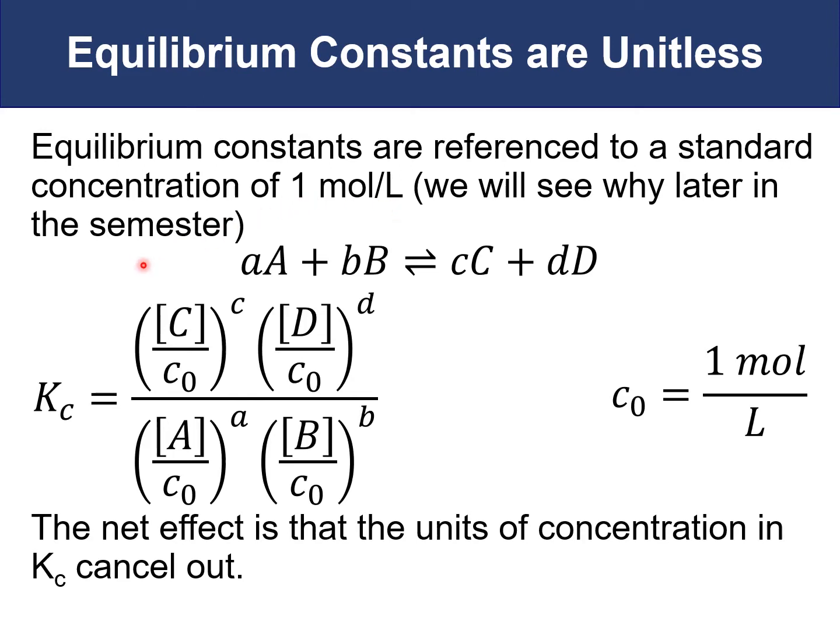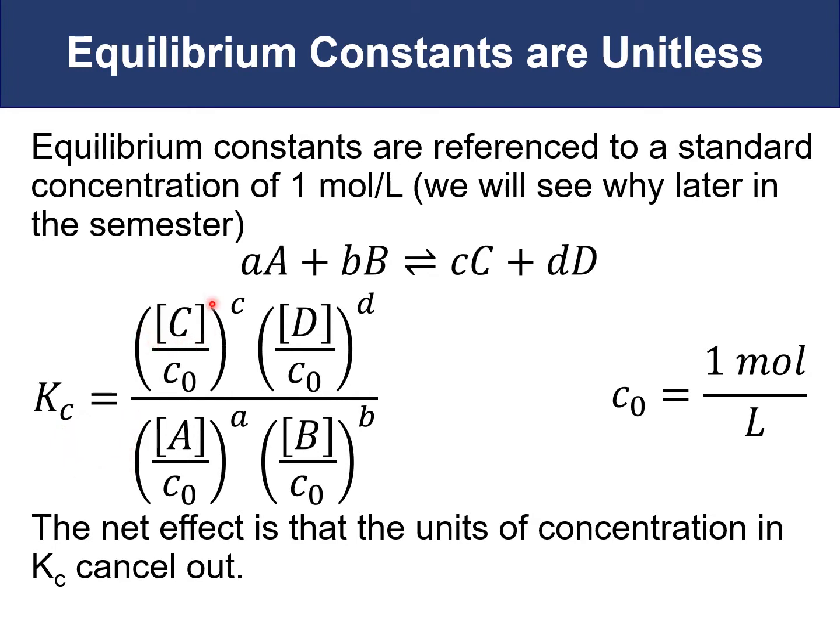But let's say we have a reaction of a A plus b B goes to c C plus d D. The way we would write out our equilibrium constant expression would be K sub C. The C here is used to denote that the values that we will be using are in terms of concentration using moles per liter.